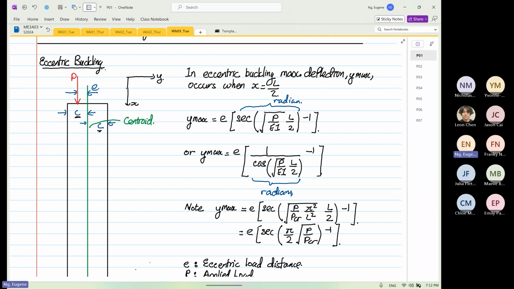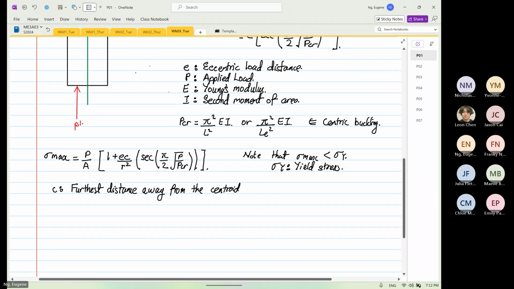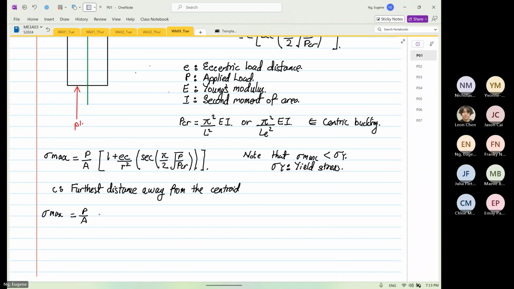Now we also know that stress max can be written in a different form: P over A times 1 plus eC over r squared, and then secant of L over 2r times the square root of P over EA, and then you close the term.